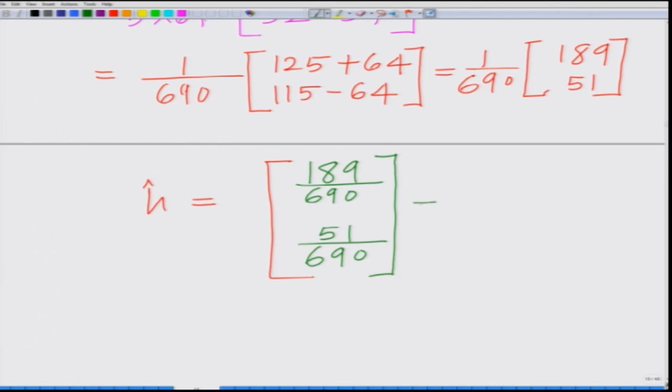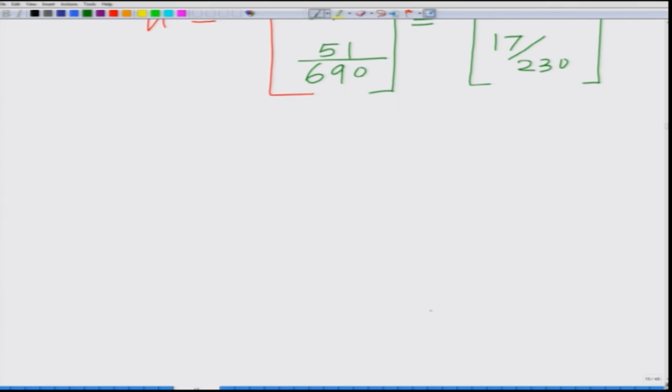Taking 3 common from both the numerator and denominator of each component, what we have is 63 divided by 230 and 17 over 230. Therefore, the net LMMSE estimate h hat equals 63 divided by 230, 17 divided by 230.